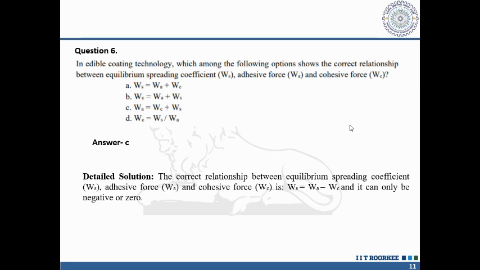Your spreading coefficient means how much your coating material spreads. In edible coating, the coating material is edible, you can eat it after coating. Like we assume that in the coating of fruits and vegetables, it should be edible. Whether you wash after purchasing or not, it is recommended to wash it, because it is from the fruits and vegetable market.